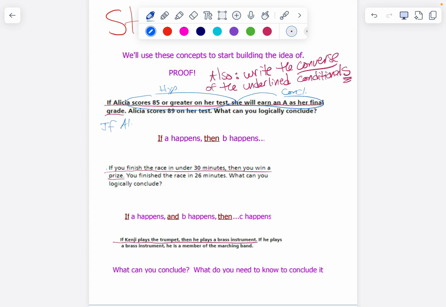So if Alicia earns an A as her final grade, then what? 85 or higher, etc. Okay?